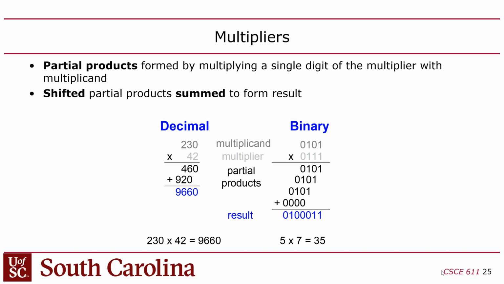And so if you associate the second operand with the multiplier, then each of the 1 bits in the multiplier represents how many bits you need to shift the multiplicand and sum up those shifted versions of the multiplicand.